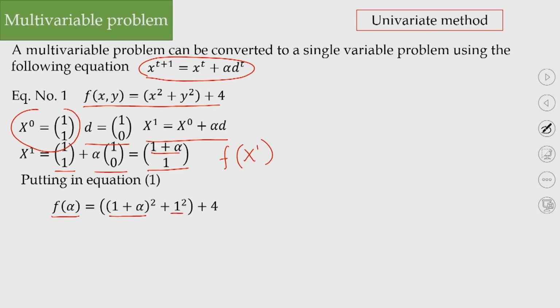So, I have converted this problem to a single variable problem. Now, my problem is in terms of alpha only. So, now I can apply my region elimination technique to find the optimal value of alpha, and the optimal value of alpha will give you the optimal solution along the x direction.